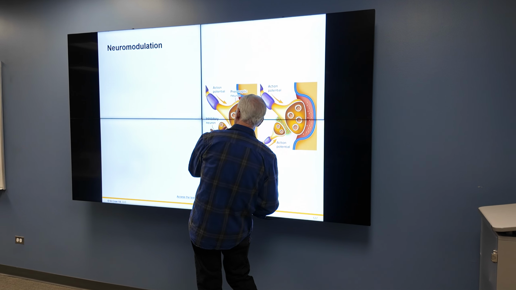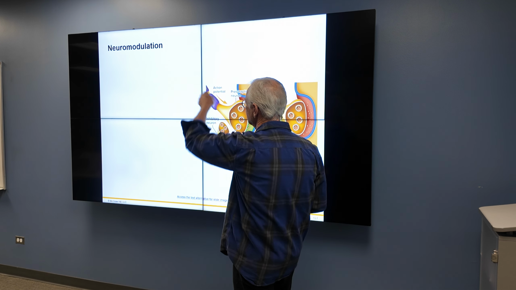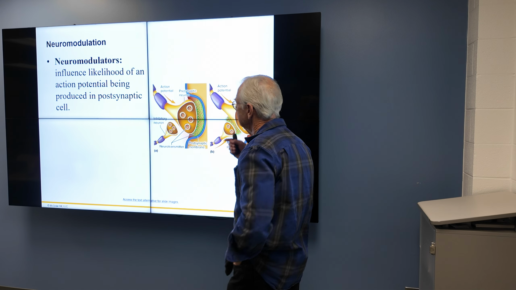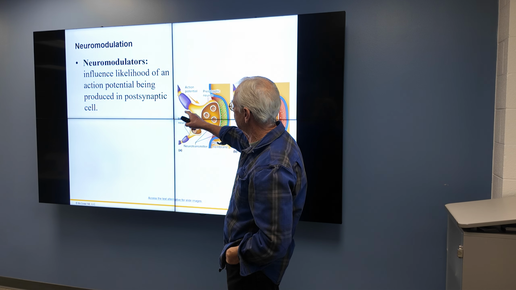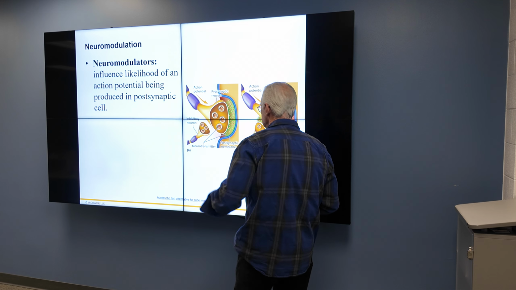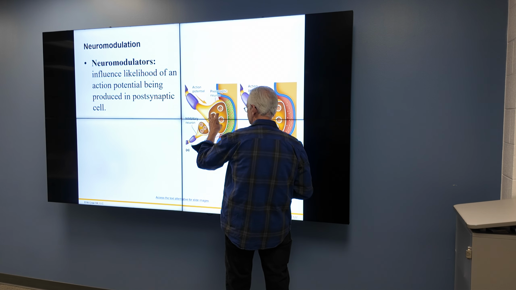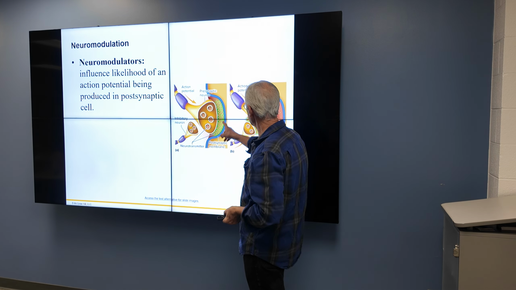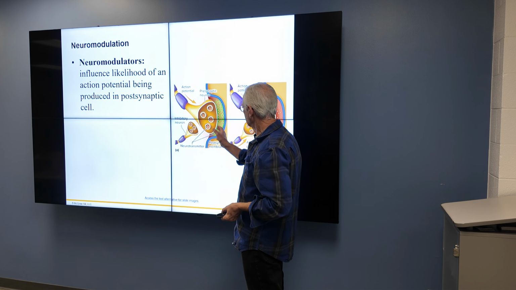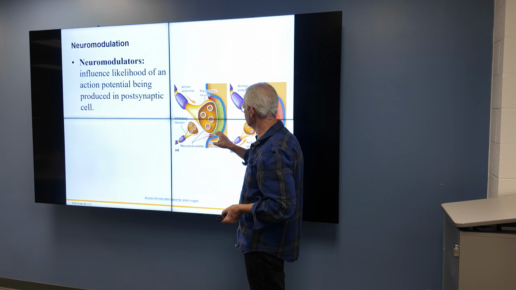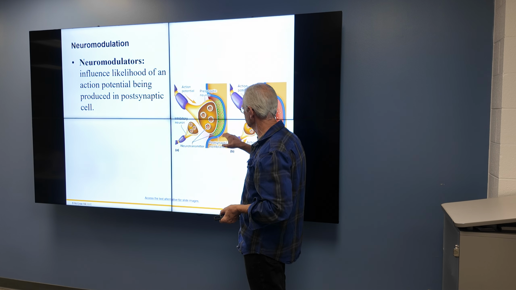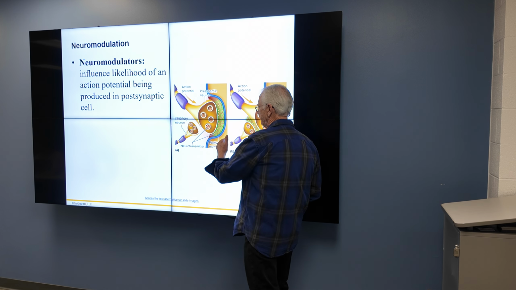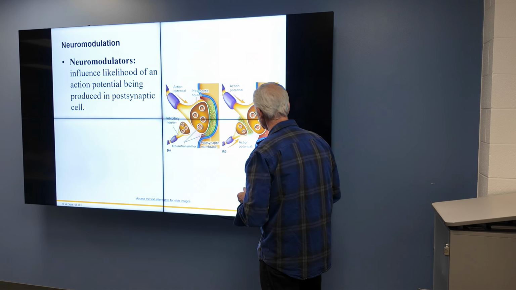In this instance, we can have a neuromodulator that can influence the likelihood of an action potential being produced in the postsynaptic cell, because we influence the release of neurotransmitter here that's going to cross this. They're showing you that there's a dumping of the neurotransmitter in the synaptic cleft that is capable of being picked up by receptors on the postsynaptic membrane here.